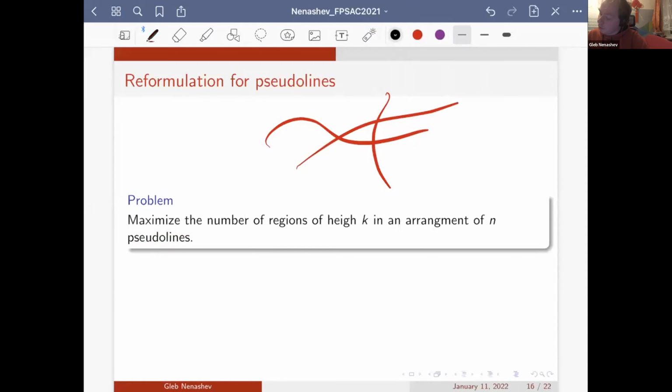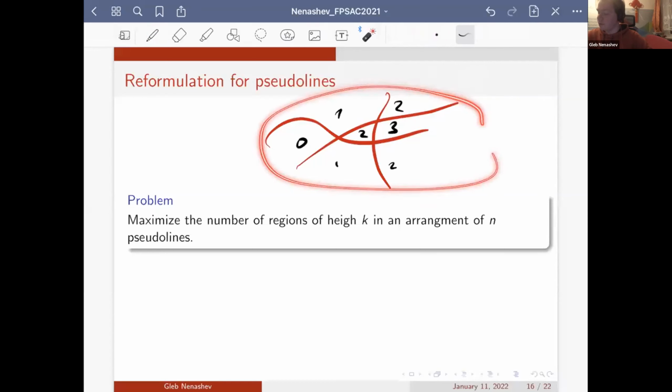And we still have here, for example, 0, 1, 1, 2, 2, 2, 3. It's not a very good example, but okay. We still have such a problem. And this problem is almost what we did.